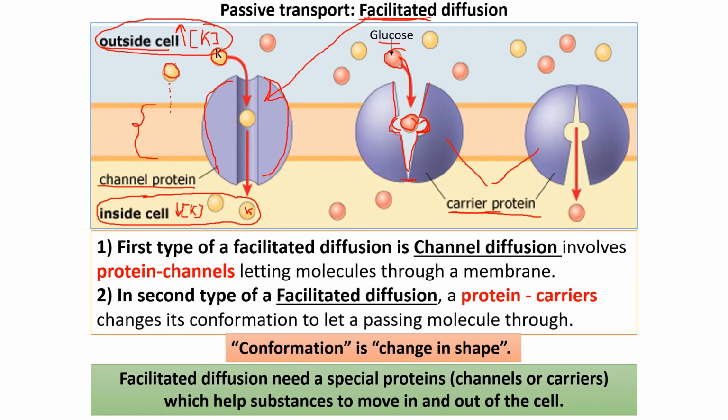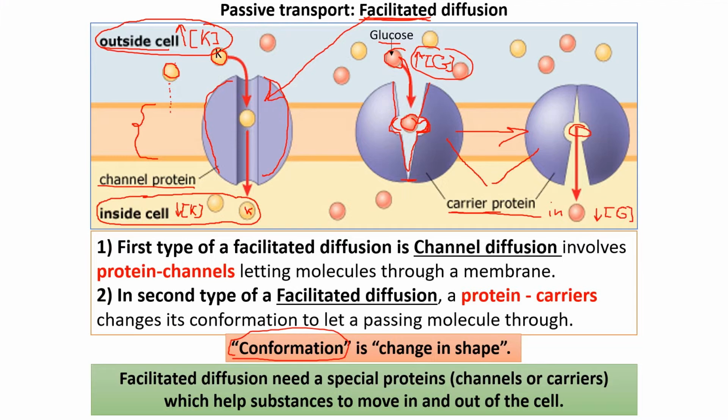So glucose will move from outside, where we again have a high concentration of glucose, and it will move inside of these carrier proteins. Then the carrier protein will change shape, or how to say, it changes conformation. And in this case, the glucose will be detached and move inside of the cell, where the concentration of glucose is low compared to the outside of the cell.